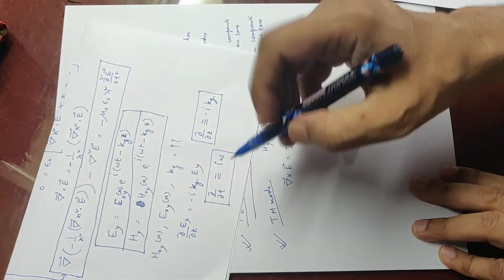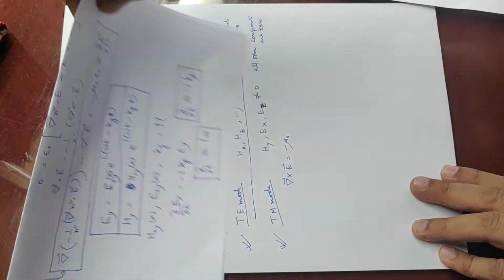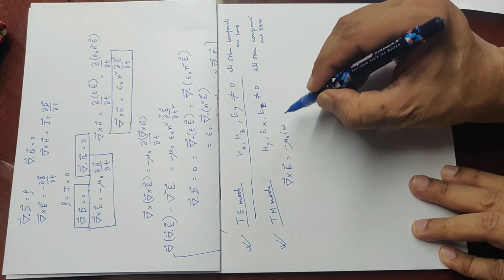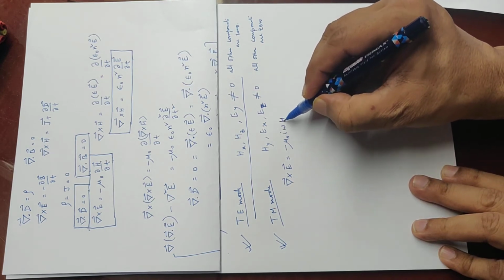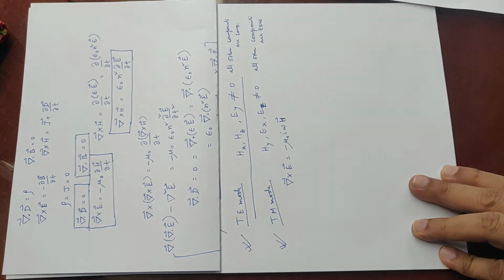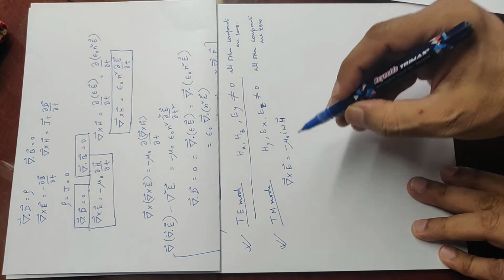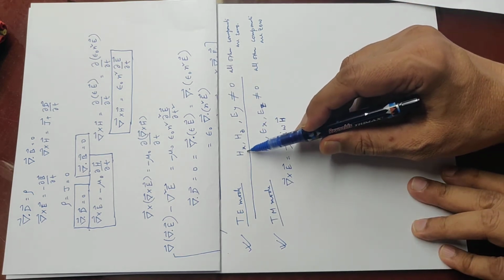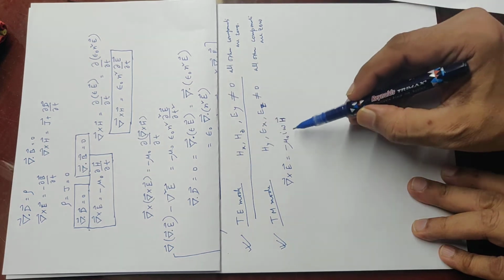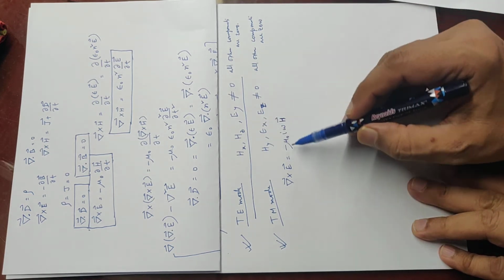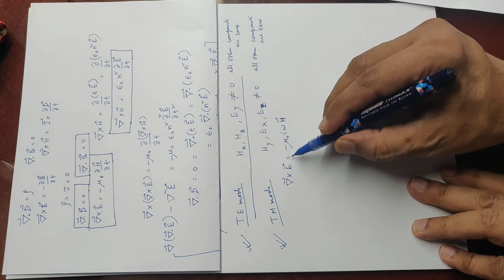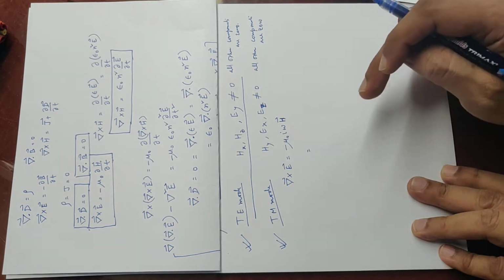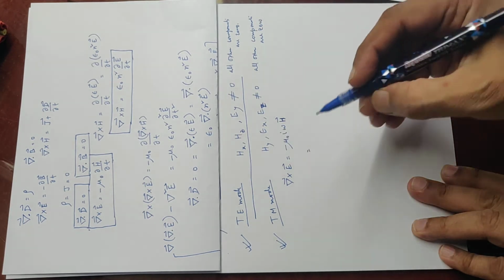I said that del by del t can be considered as i omega, so I would write this as minus mu naught i omega H. Now we know that in TE mode, H has an x component and a z component. So in this equation, we'll have the x component equal on both sides and the z component also equal on both sides.